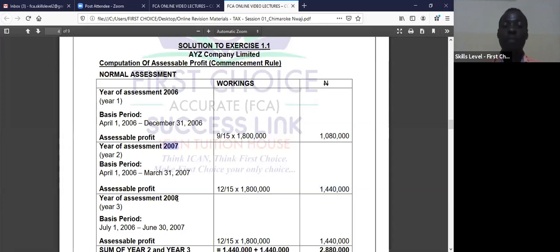So year 3 must be 2008. That's one. The second thing is that year 3 follows what we call preceding year basis. And what is preceding year basis? Precede means something that comes before.